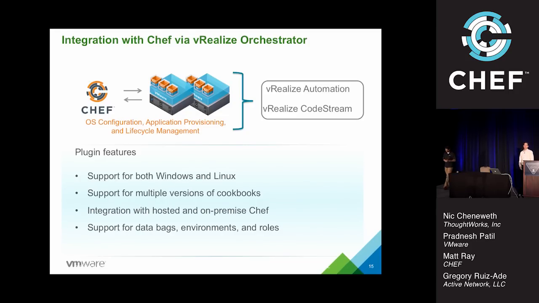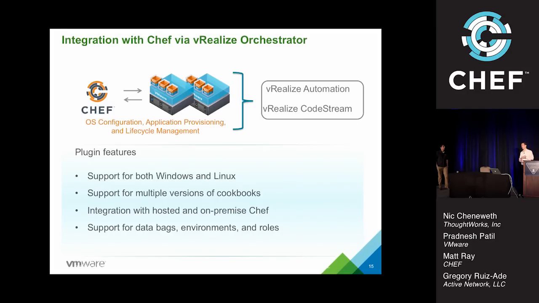Yeah, so the goal is to provide initial support for the basics of Chef: getting the Chef agent on the boxes, nodes registered, applying a run list, perhaps some attributes to nodes through vRO, and as those nodes run in various environments, you may assign them to those environments, perhaps even edit data bags through vRO.